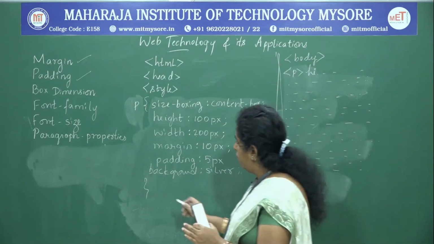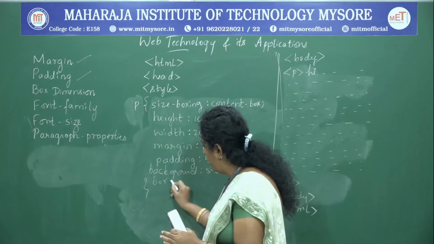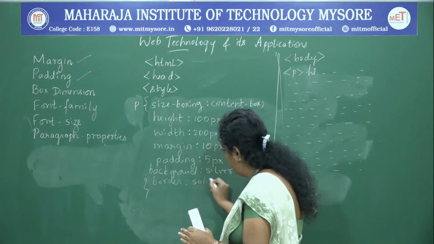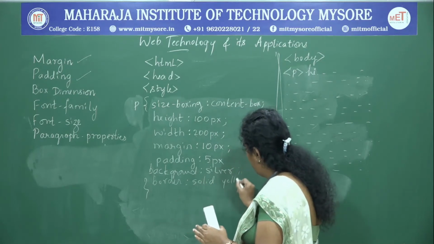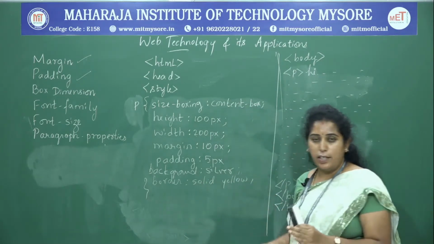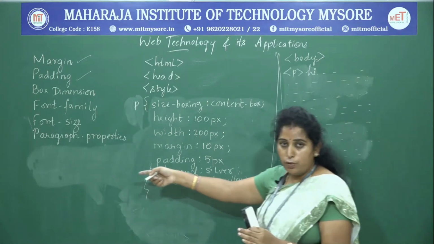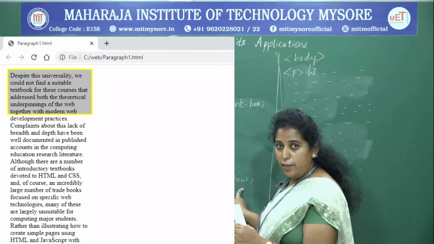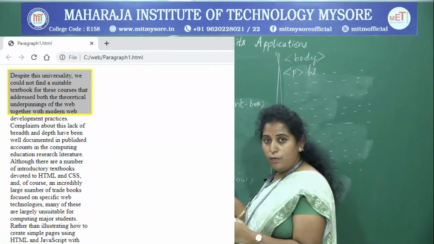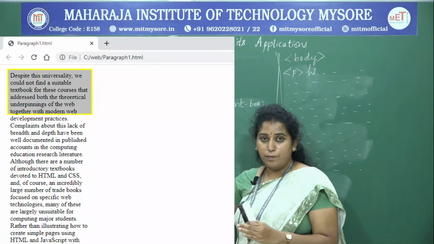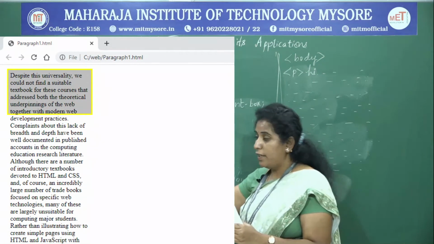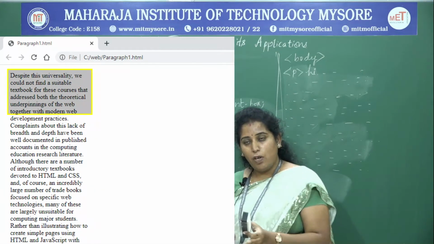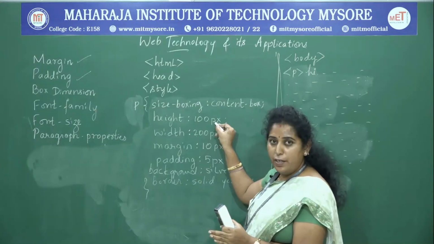Okay, to make it even clearer, I will give a border style as solid and yellow color. Now again I will run the same program. Now you observe, for the content box the border is solid and yellow, the background is silver, and the text within the content box has a height of 100 pixel.